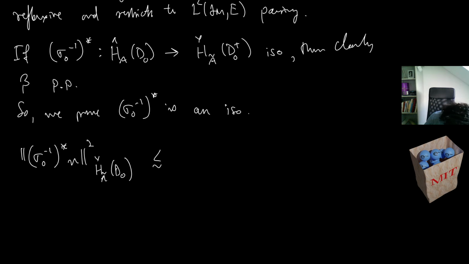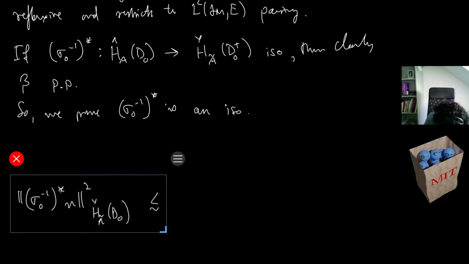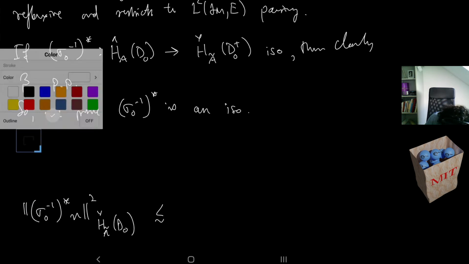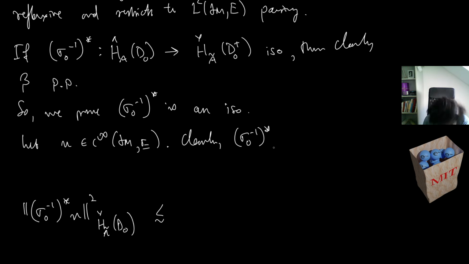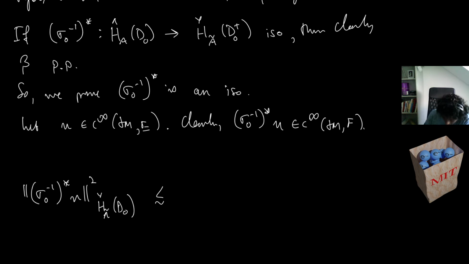Let u be in C infinity of the boundary of M, E. Clearly this object is smooth, so we clearly have this in C infinity of the boundary of M, F. And what else do we have? I'll say that in a second.